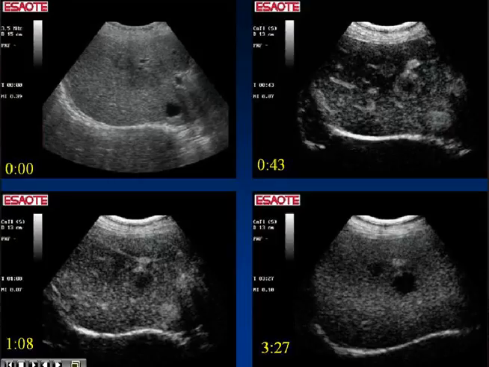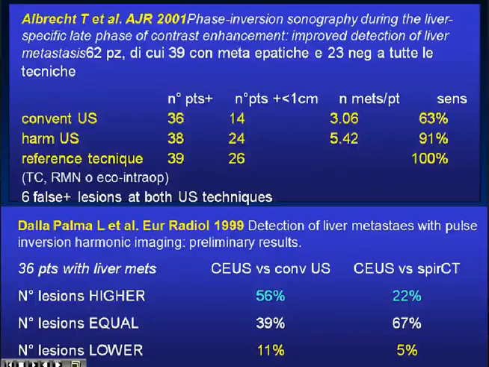If you put these images in your mind, then you know forever how malignant lesions appear in a healthy liver. As early as 1999, this early publication, with the first generation contrast agents and the first high mechanical index technique, could show what more or less remains the same.